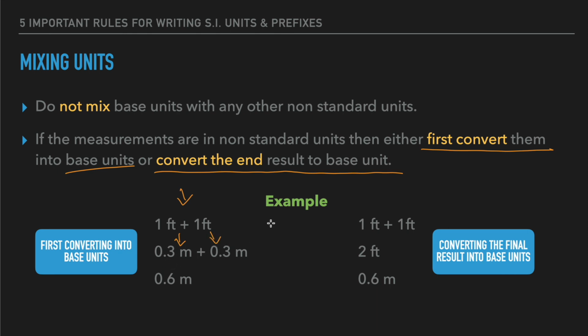Or you can take the second approach, which is equally convenient. You can take any approach you want, which is 1 feet plus 1 feet, add them up, 2 feet. Now in the end result, just convert the 2 feet into the SI unit, which is meter, 0.6 meter.